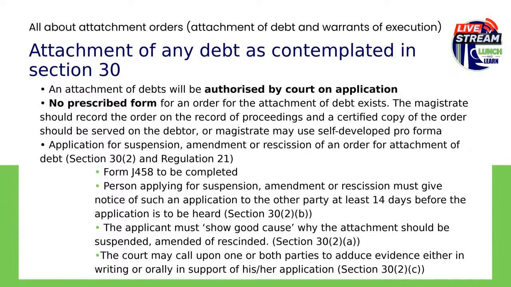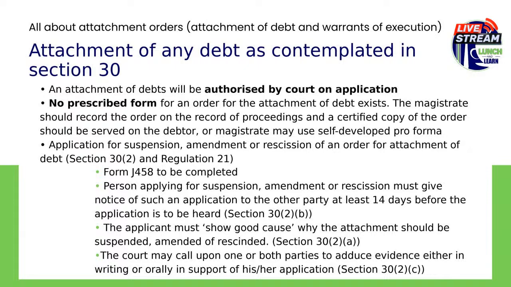At present, there's no current form that is used for the attachment of debts, and the magistrates usually just make a note thereof on the record. It's not like an emolument attachment order or garnishing order or warrant of execution, where there's a prescribed form. So the magistrate would just, on the record of the proceedings, make a note thereof.